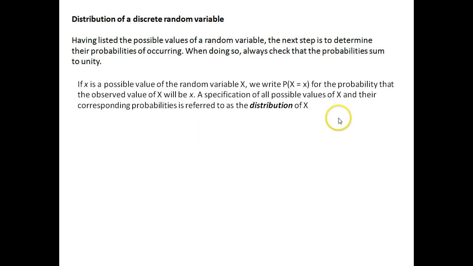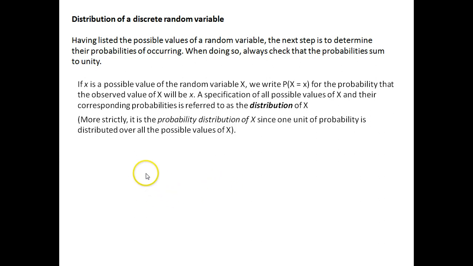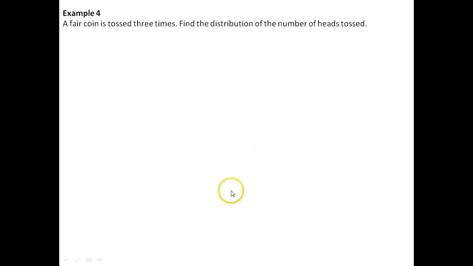The specification of all possible values of X and their corresponding probabilities is referred to as the distribution of X. So all possible values of X and their probabilities is called the distribution of X. More strictly, it is the probability distribution of X, since 1 unit of probability is distributed over all the possible values of X. They must add up to 1.